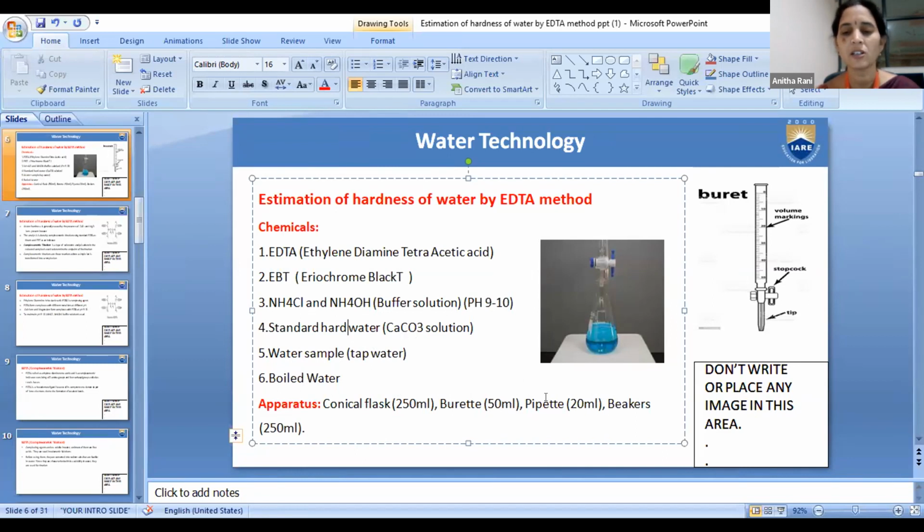For example, for standard hard water we want exactly 20 ml in the conical flask, so we will use the pipette, because the pipette has an exact mark for 20 ml. Up to that mark only we will pipette out 20 ml of standard hard water and take it in the conical flask. We need 3 beakers, in which we take standard hard water, tap water sample, and boiled water.